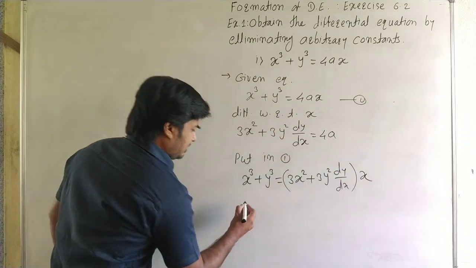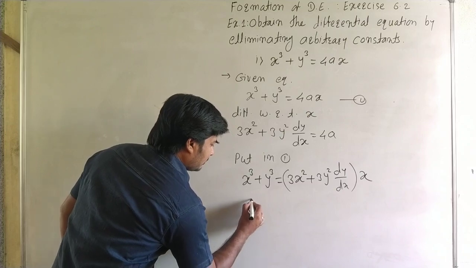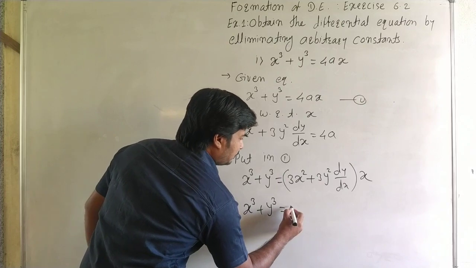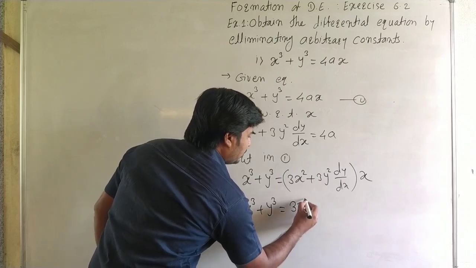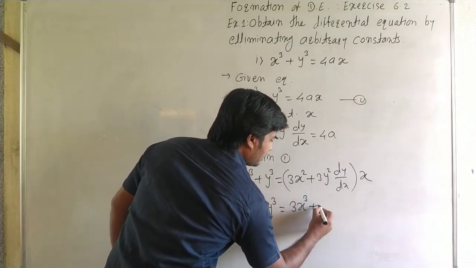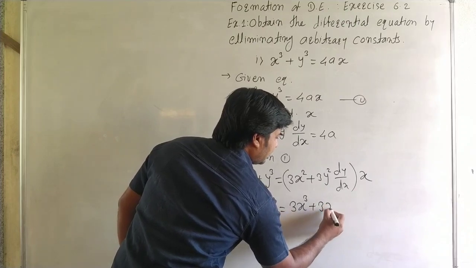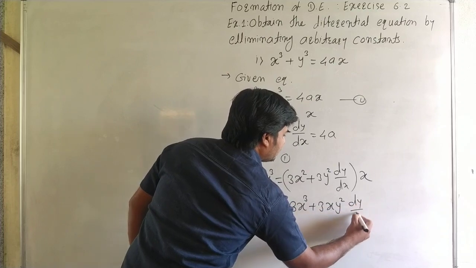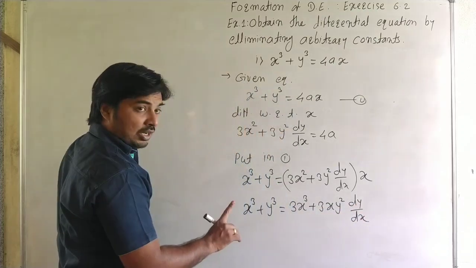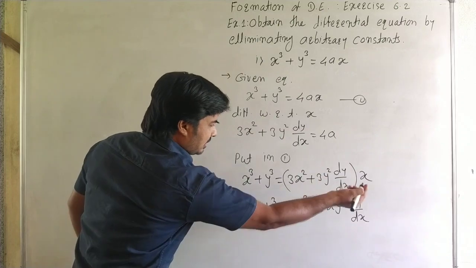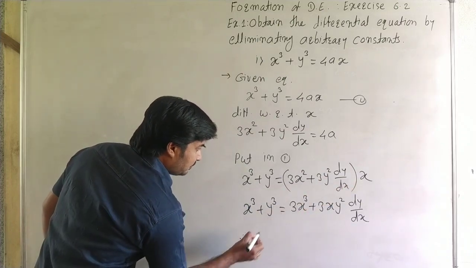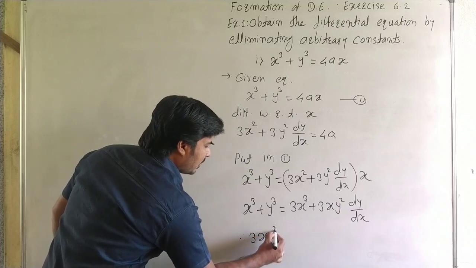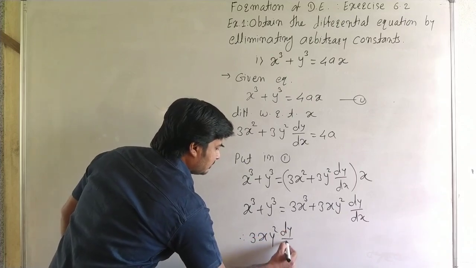Now we calculate this. x cube plus y cube is equal to 3x cube plus 3xy square dy by dx. Now here x cube and y cube, take this side. See carefully, we can write this term 3xy square dy by dx.